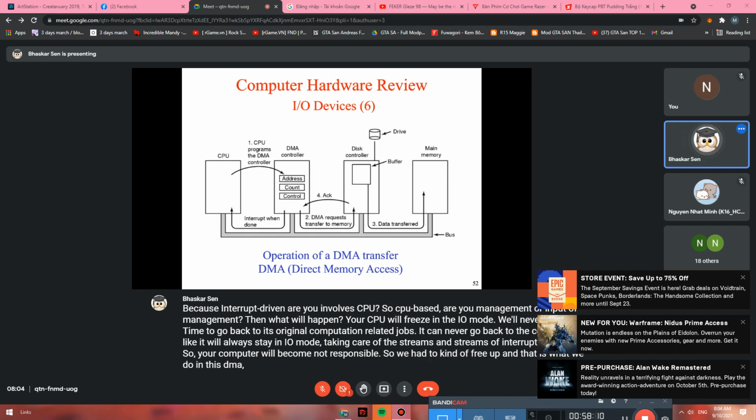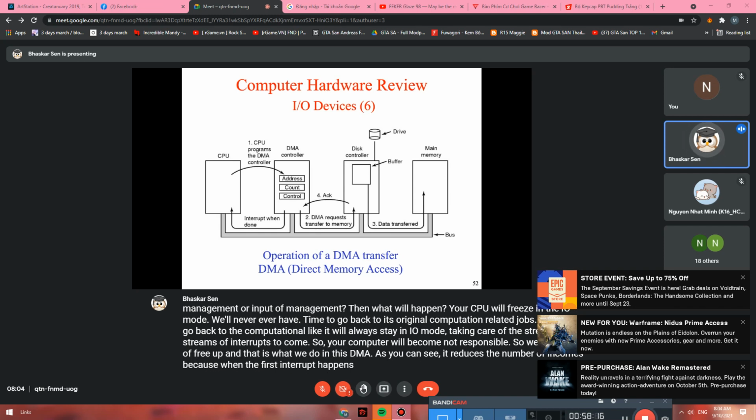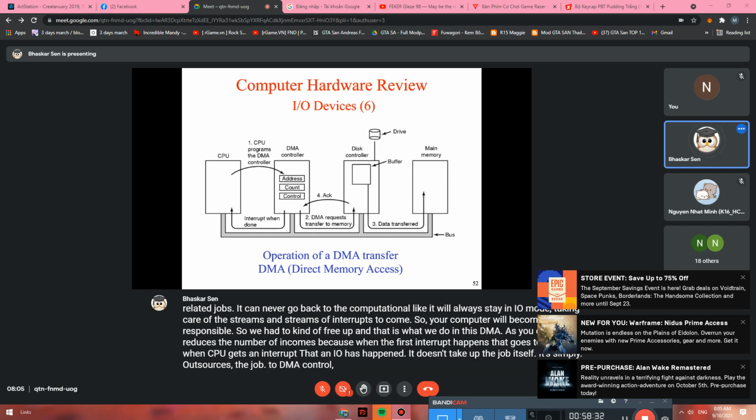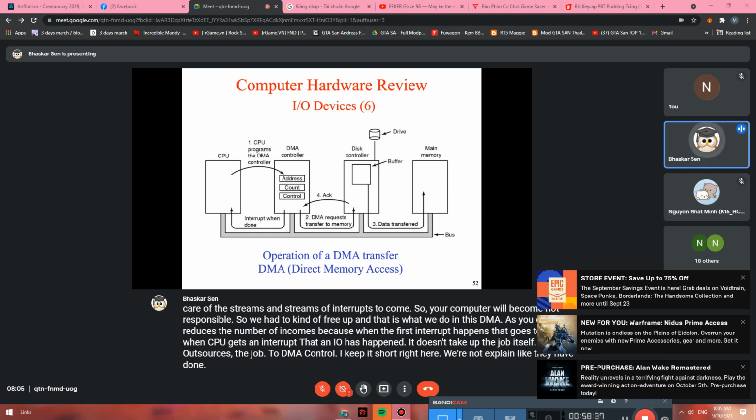As you can see, it reduces the number of interrupts, because when the first interrupt happens, that goes to the CPU, but when the CPU gets an interrupt that an I/O has happened, it doesn't take up the job itself. It simply outsources the job to the DMA controller. I'll keep it short right here, and will not explain like they have done, because we are in the introduction part.